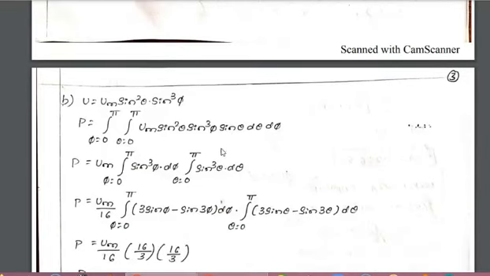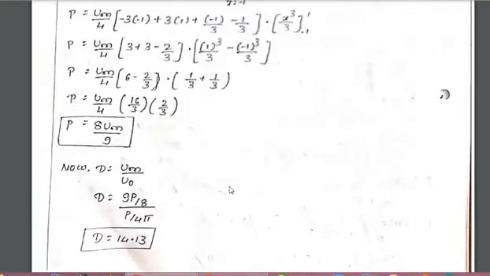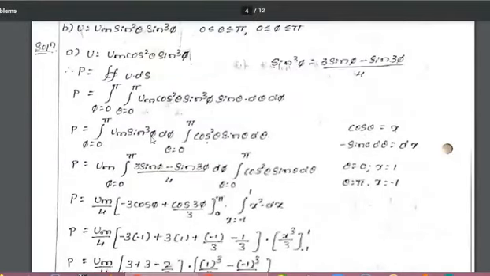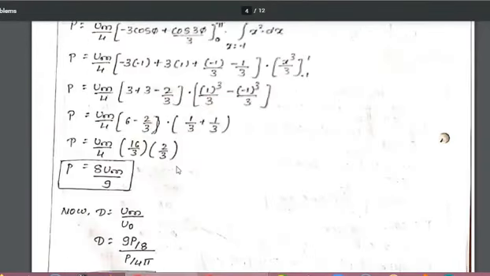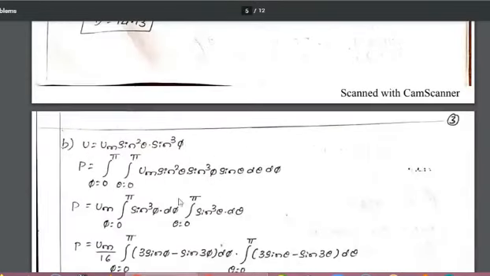You know the value of this integration: with limits 0 to pi, the integration of sine cube d theta has the value 16 by 3. In the previous problem we solved this, right? So with limits 0 to pi, sine cube phi d phi also has the value 16 by 3. Directly you can take that value, 16 by 3 and 16 by 3.